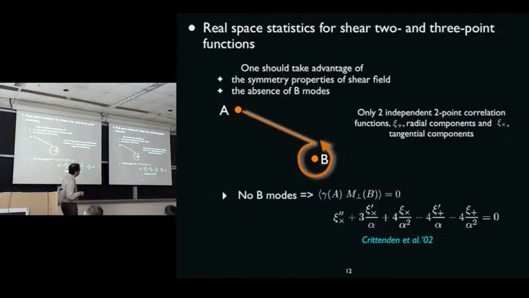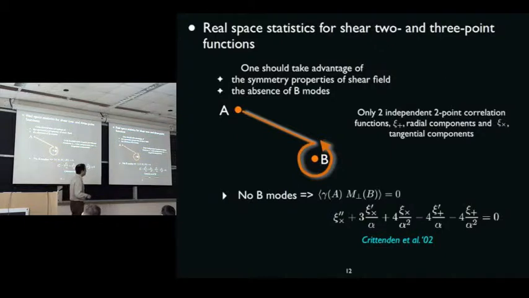You have a point running here, so psi plus and psi cross, two components of that, properly projected, and you integrate that, and you do an expansion with respect to this radius compared to that distance, and you get that if this is to vanish, then you have a relation between these two components of the correlation function.